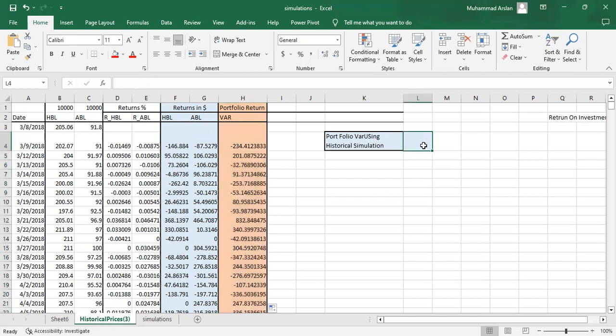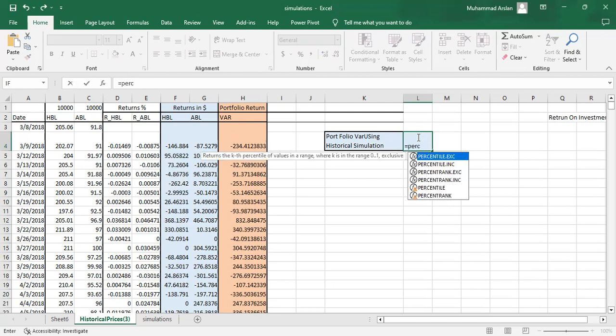The next step is the computation of value at risk on that investment using the historical simulation approach. We have the data for 3 or 4 years or 5 years. Over these 5 years, how much would the maximum loss have been? So we use the percentile function. Using the percentile function, now you have to select the array.